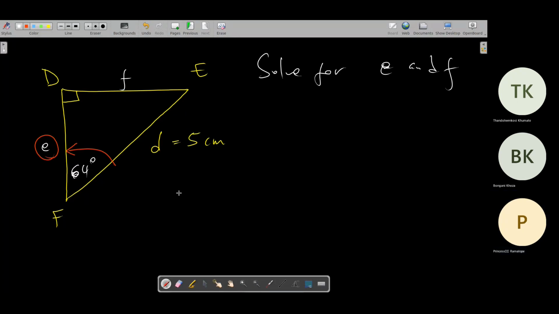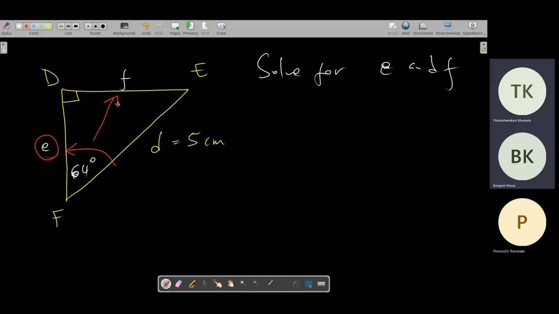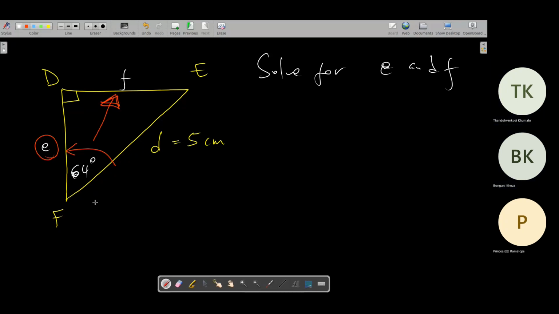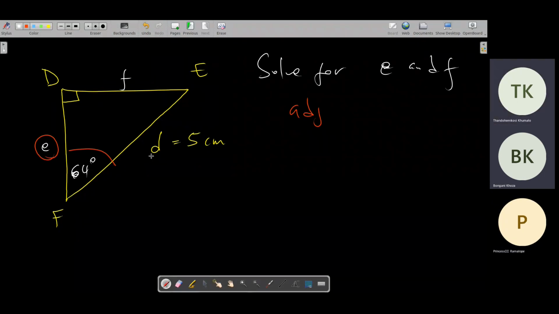It's adjacent. It's next to the angle, so it's adjacent. Now this other side, is it adjacent, opposite, or the hypotenuse?